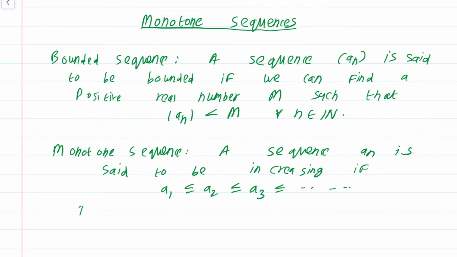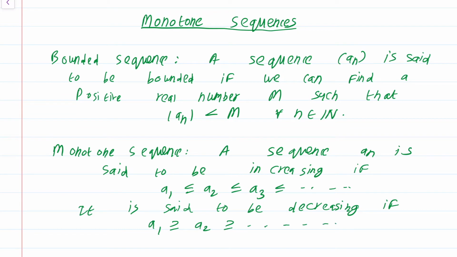It is said to be decreasing if a1 is greater than or equal to a2 and so on.